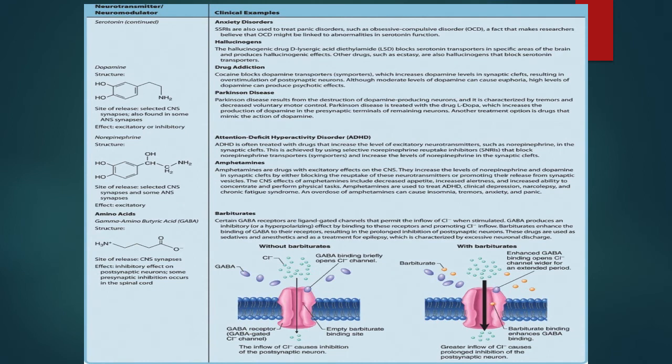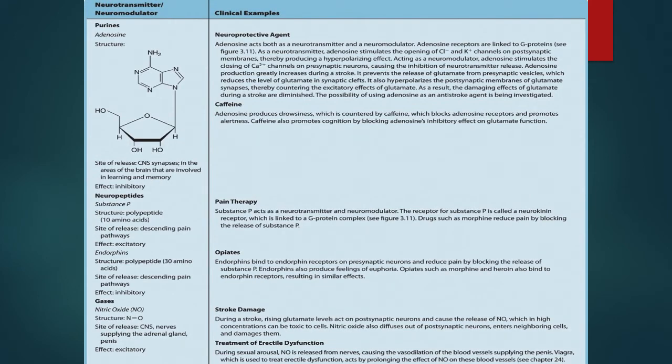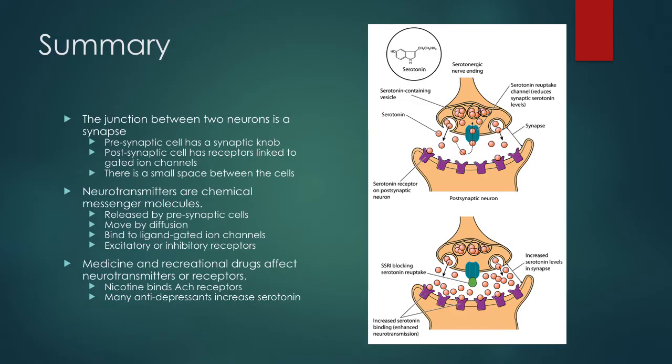I've got anxiety disorders, hallucinogens, various other types of things where neurotransmitters are particularly important. Look these over, but I'm not so sure that you should know any other than the acetylcholine examples and maybe serotonin. But it's really important that you understand there's lots of neurotransmitters, and we'll talk about some of them later on.